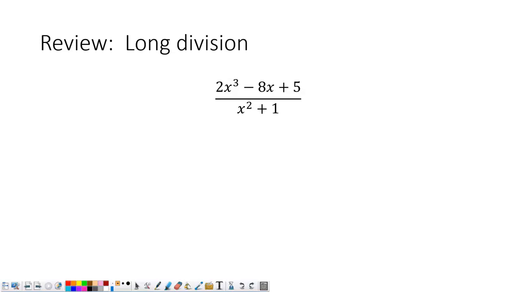So here's how it works. Whatever is in the numerator is going to go inside of the division bracket, and whatever's on the bottom goes outside. Okay? Now, before this long division process will work, you need to make sure that all the powers are accounted for.